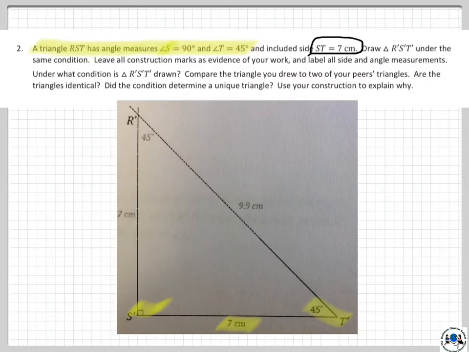If we do that, each and every one of us will come up with a triangle that looks exactly like this one.